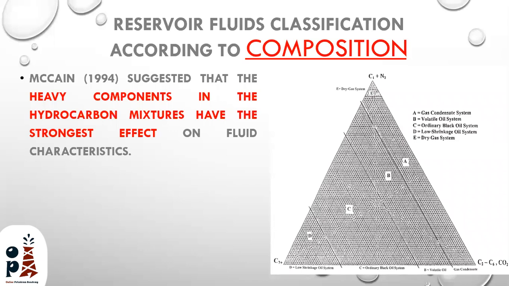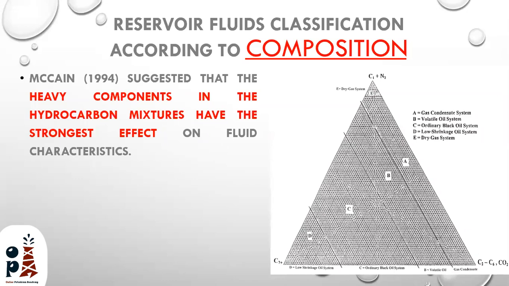The third method is to use the McCain ternary diagram. In the ternary diagram of McCain, we have 3 corners. The first corner is for methane and nitrogen. The second corner is for C7 plus, and the third corner is for ethane to hexane and CO2.